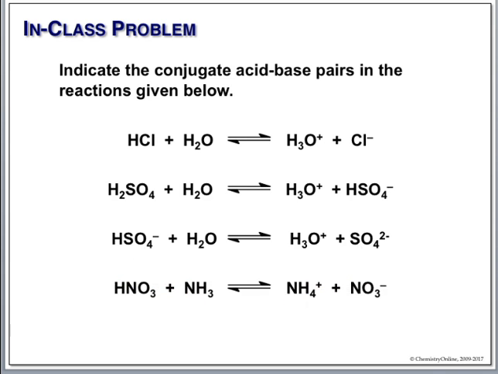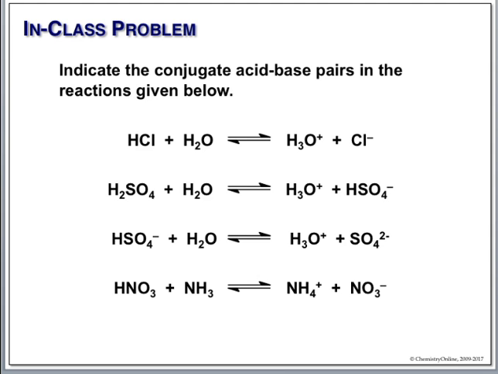Now this last one, instead of using water, I'm using ammonia. Remember that there is speculation that liquid ammonia can support life, just like water can here on Earth. So further out in our solar system, we have oceans of liquid ammonia, and they support life.